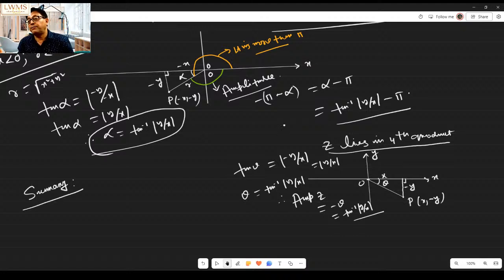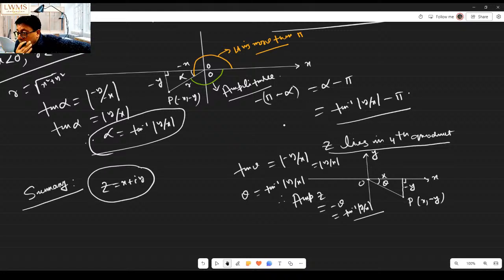What will be the steps for finding the amplitude of the complex number z equal to x plus iy? Whatever x sign, y sign, we don't care. We will remember the rule I am going to discuss, which you have already proved. So for z equal to x plus iy, step 1.